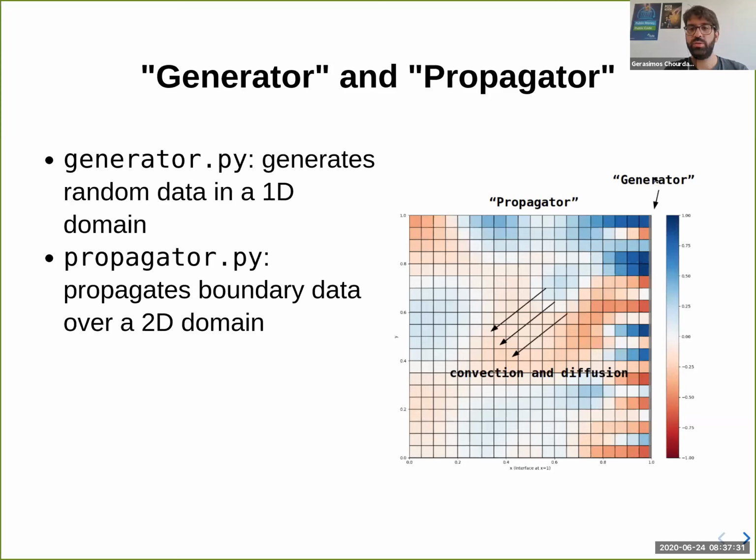The first one, the generator, on the right boundary of the domain, is a 1D solver that is completely dummy as it only generates random data on its nodes. In the square on the left, we have a propagator, which simply does a convection diffusion of a completely arbitrary scheme. What it does is that it applies a 5-point stencil and propagates values from its right boundary towards the rest of the domain.